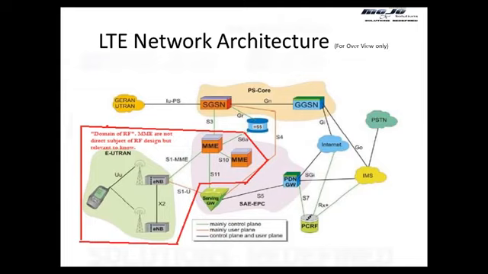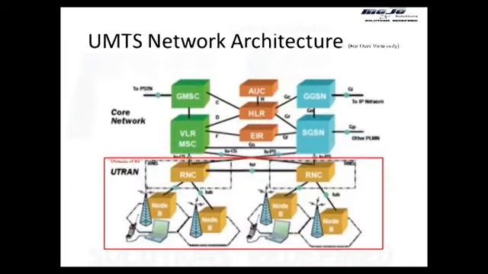That was delivered to the MME, which is called the Mobility Management Entity. So the role of this central body, the MME, compared to the RNC is much smaller in LTE.